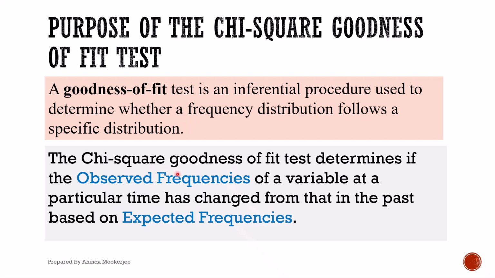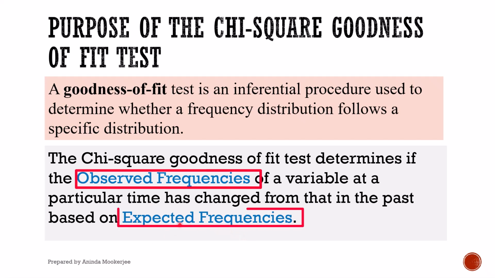So it says here the chi-squared goodness of fit test determines if the observed frequencies of a variable at a particular time has changed from that in the past based on expected frequencies. So these are the two terms that we will be using in our study on goodness of fit test.